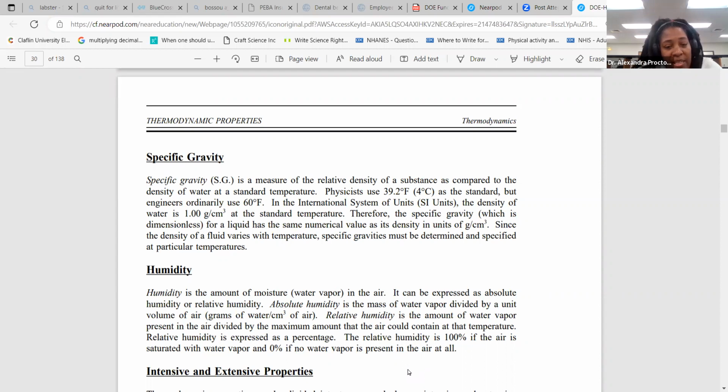So relative humidity is expressed as a percentage: 100%, the air is saturated with water vapor; 0%, no water vapor.